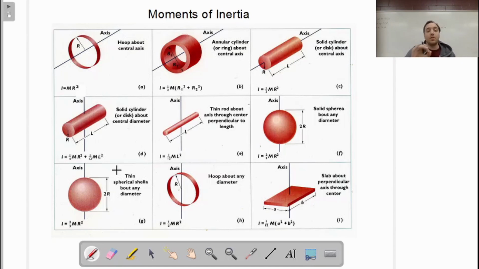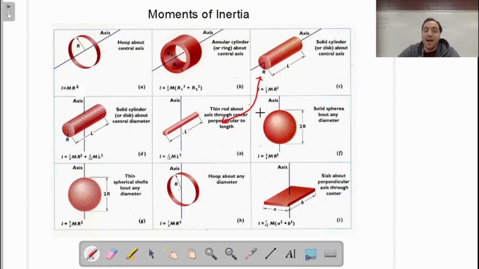Of particular note, however, I want to point out these two. Both of these are thin rods, but one's rotating through the center of the rod this way, but the other is rotating through the center of the rod this way. The difference between the two of these is notable. There's a very large difference.